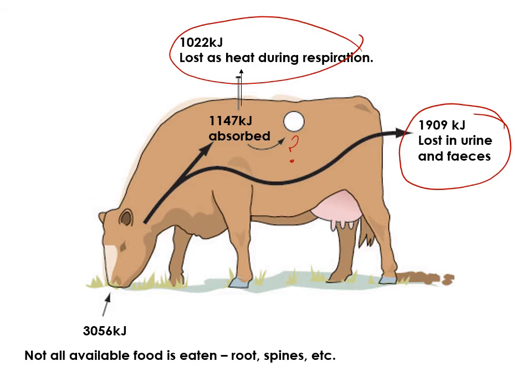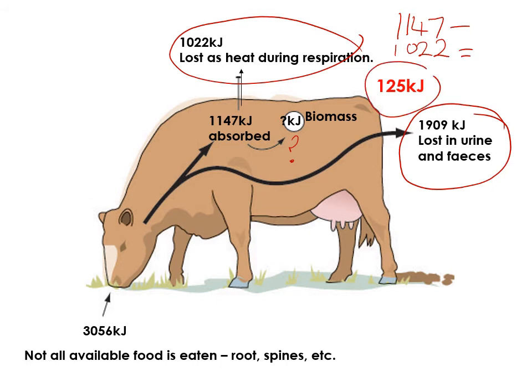Okay, so it should be 125 kilojoules. Let's have a think about how we did that. Simply take the absorbed food and take away the losses in respiration, and that's what gave us what was left in the biomass.